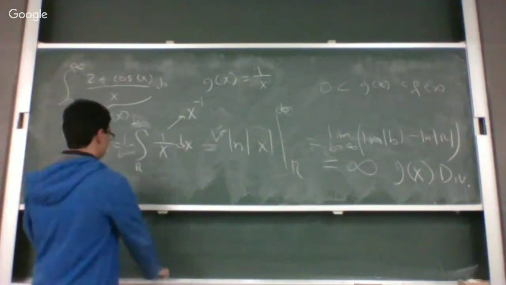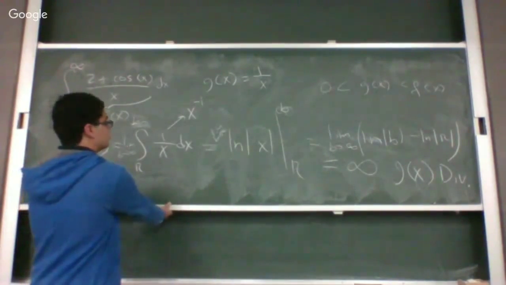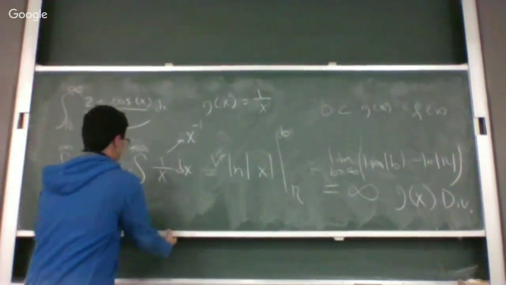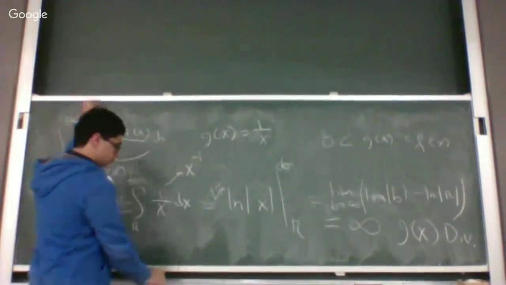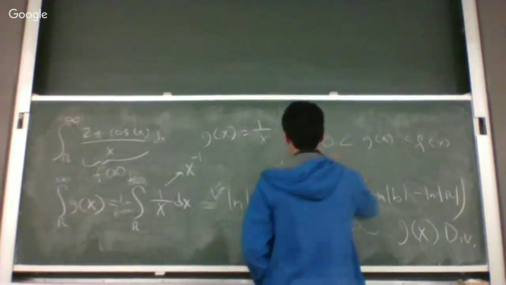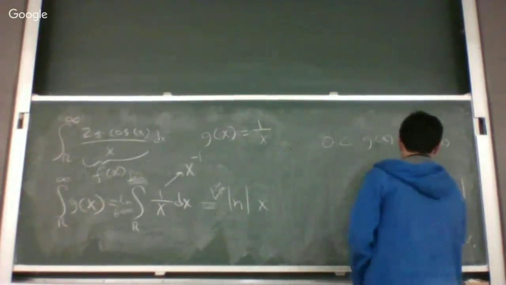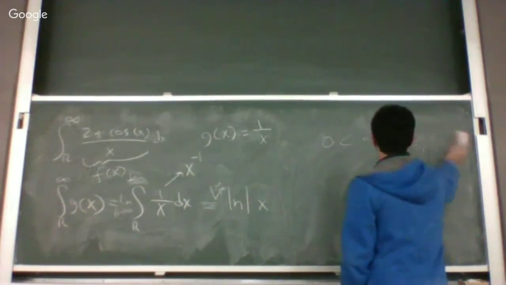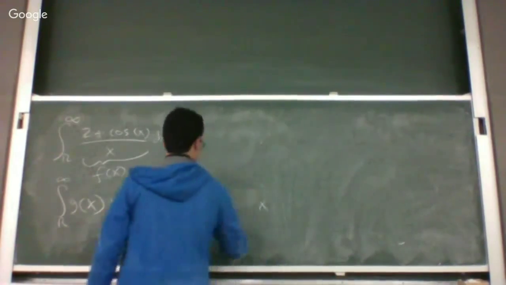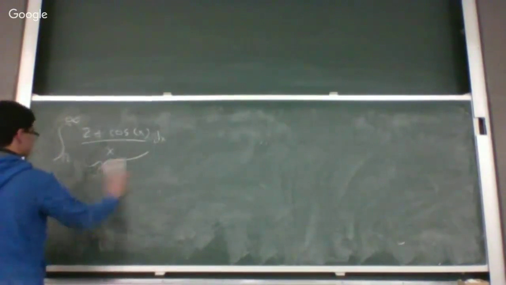So let me do the 1 over e to the x squared quickly. Did I have limits on it?